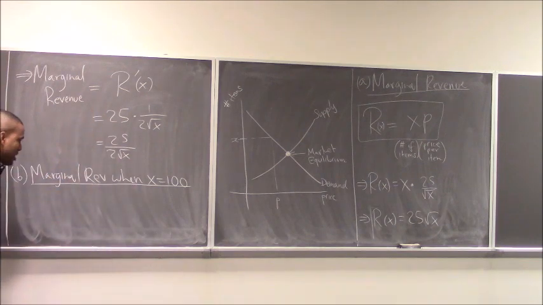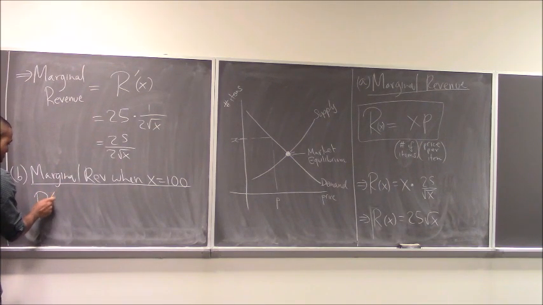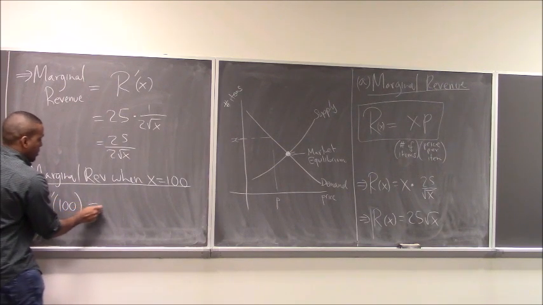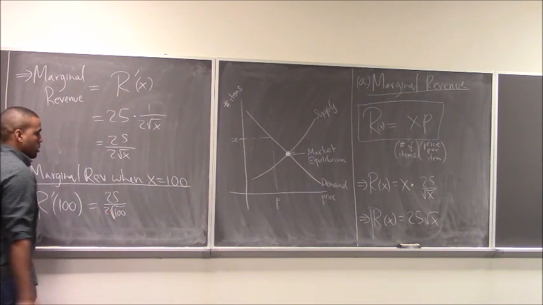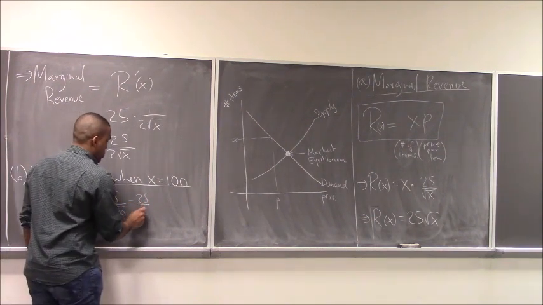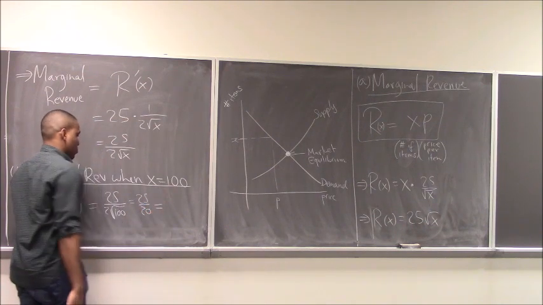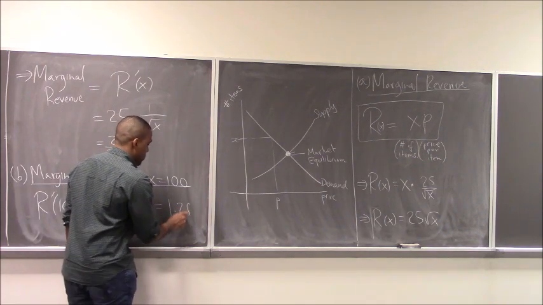Okay, so this just means you plug in 100 into the marginal revenue function. This gives you 25 over 2 times radical 100. That's 25 over 20, which is 5 over 4, so that's 1.25.